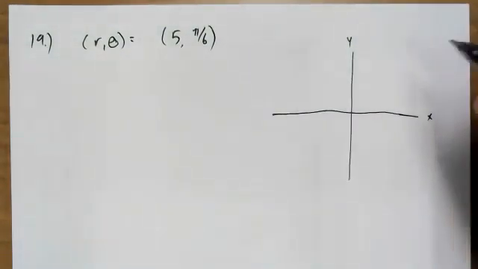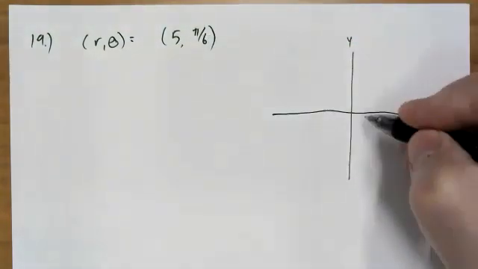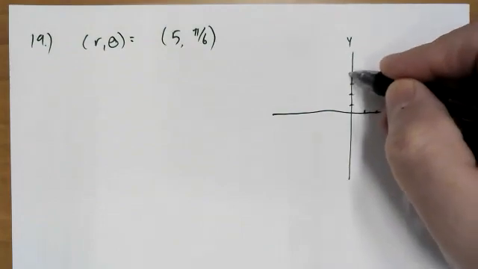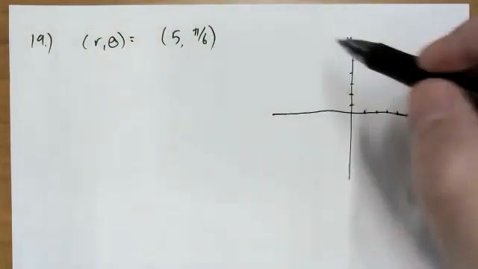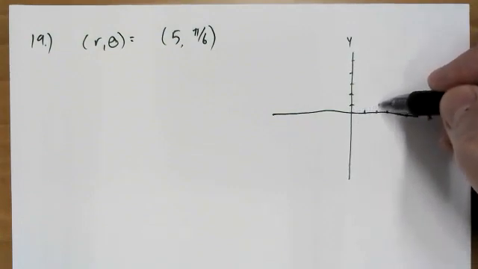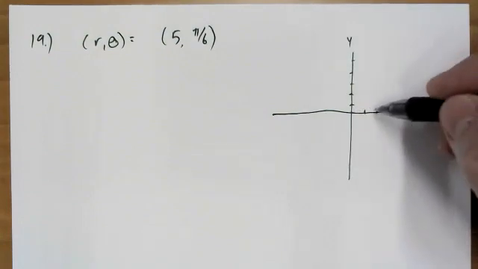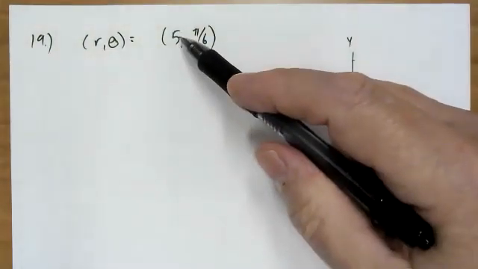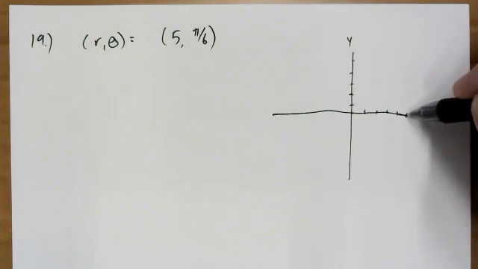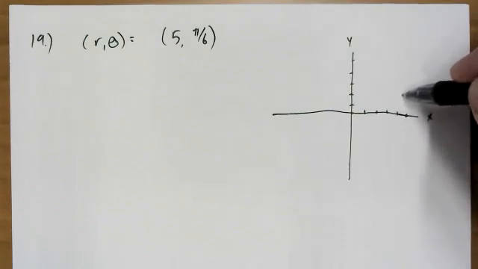So you always do the angle first. So pi over 6 is sort of in here. It's like a 30-degree angle. And the length of 5. So from here to here is 5. So maybe up here, it's about right here.